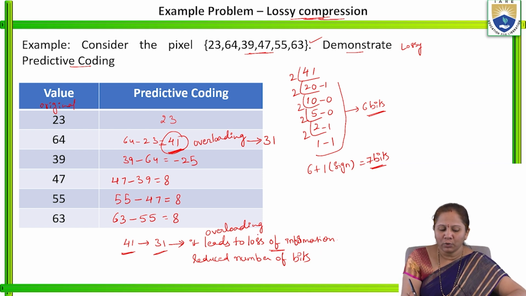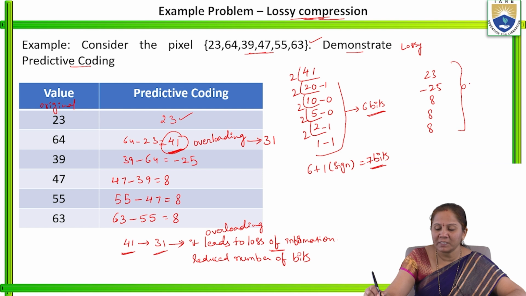Okay. So other than this 41, if you take this 23, minus 25, 8, 8, 8, that is the remaining values, all these can be represented by using 5 bits and 1 extra bit, that is the sign bit.